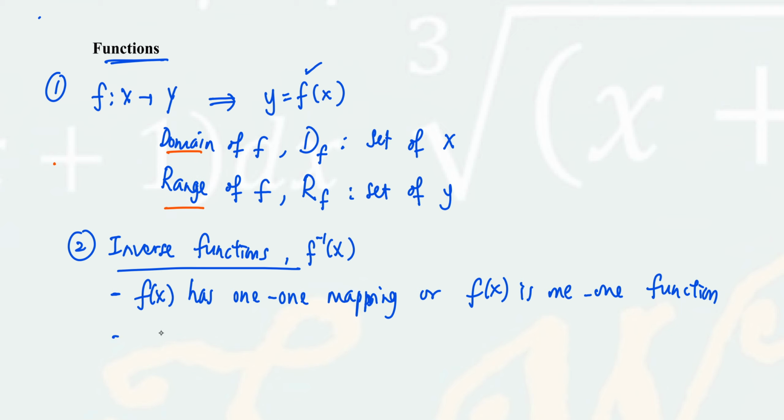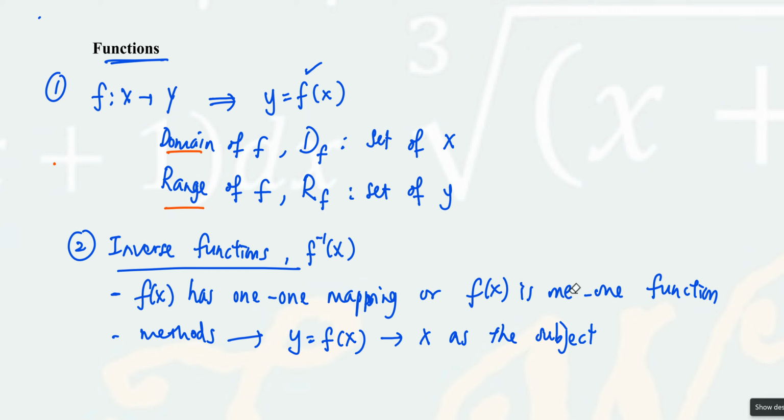Then for the method to get the inverse function, we have two methods here. The first one is to let y = f(x), and then rearrange it so that x is the subject. Once you get x as the subject, we change the x into f inverse, and the y over here will be changed to x.